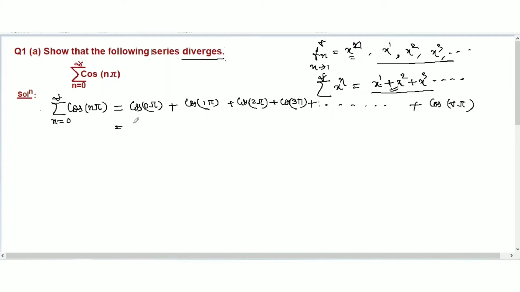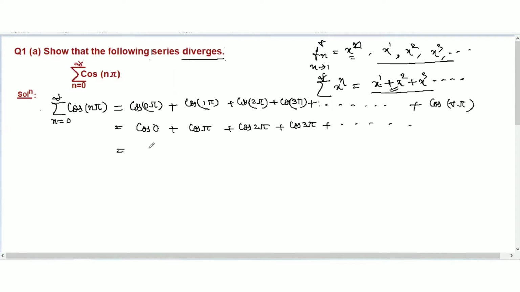Now let's do one more step. Cos of 0 pi means cos of 0, cos of 1 pi means cos of pi, plus cos of 2 pi plus cos of 3 pi. Now we will write down the value of each cos here.